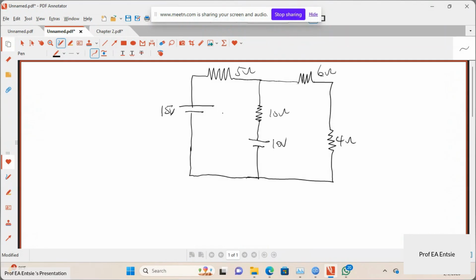So let me quickly assign the convention. So clockwise, here too is clockwise.